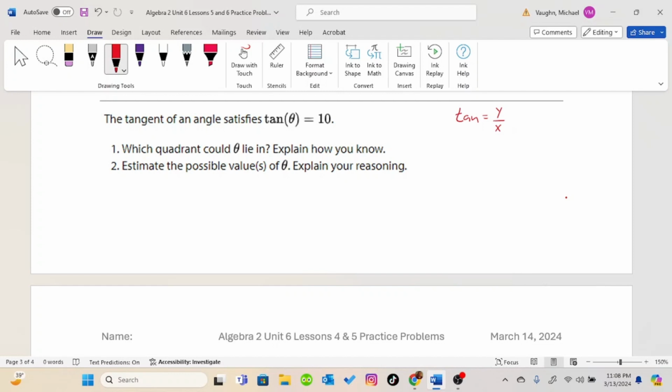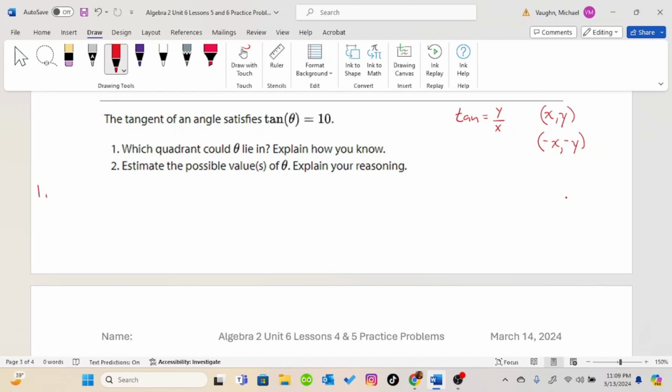So if tangent is positive, we either need positive x, positive y, or we need negative x, negative y, because a positive divided by a positive is a positive, and a negative divided by a negative is a positive.